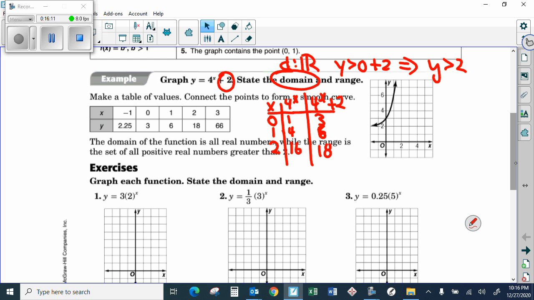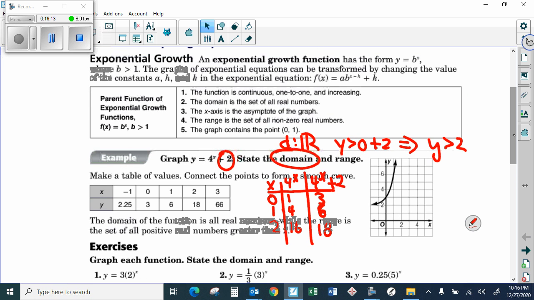Speaking of that, I forgot to go back to number 3 here. The x-axis is the asymptote of the graph. It's usually a horizontal asymptote, as the x-axis is. Remember the equation of the x-axis is y equals 0. You should know that from Algebra 1, geometry, and earlier in Algebra 2.